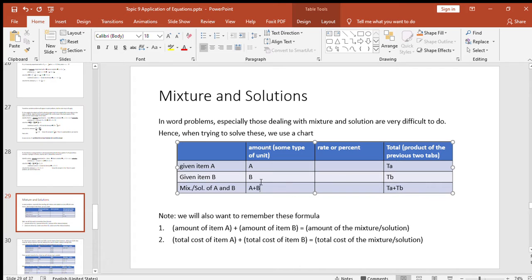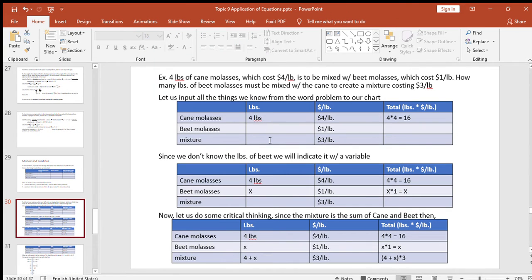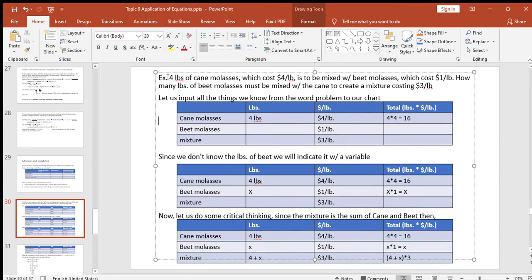Okay, now let's move on. Let's have an example. This might look daunting, but trust me, this is just one problem, just different stages of the tabs.